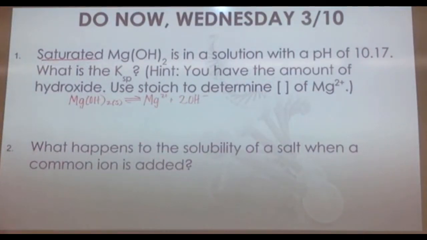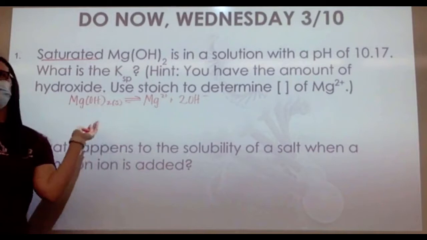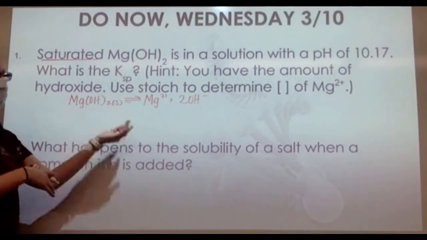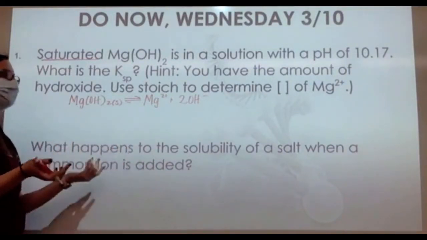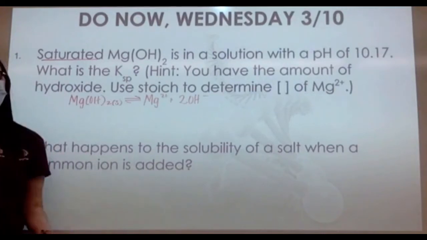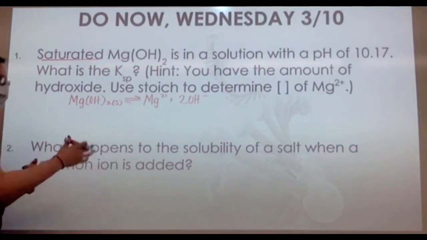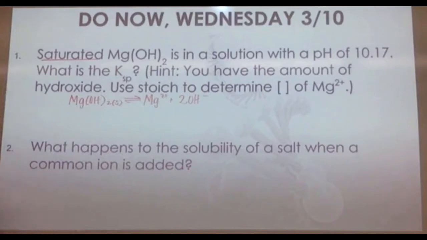We would call this the dissolution of the solid. The solid is dissolving, or as much as possible is dissolving in pure water or distilled water, right? So there's no ions or anything. We just have the solid at equilibrium with its ions.